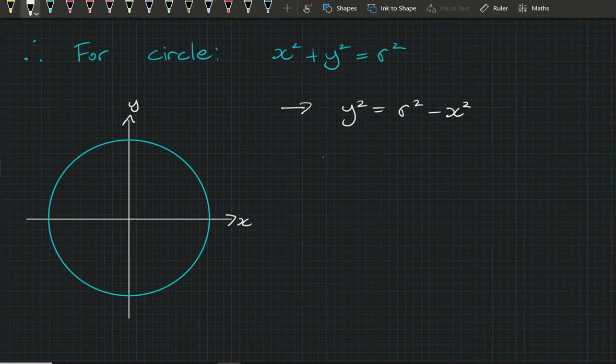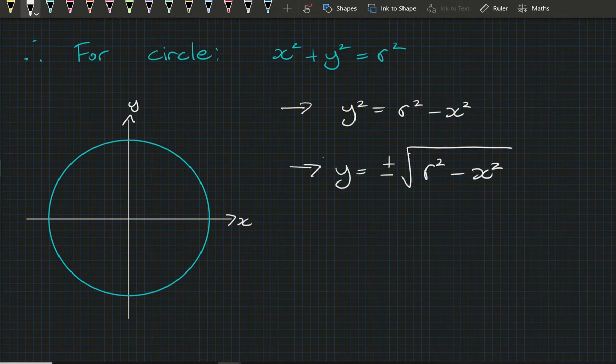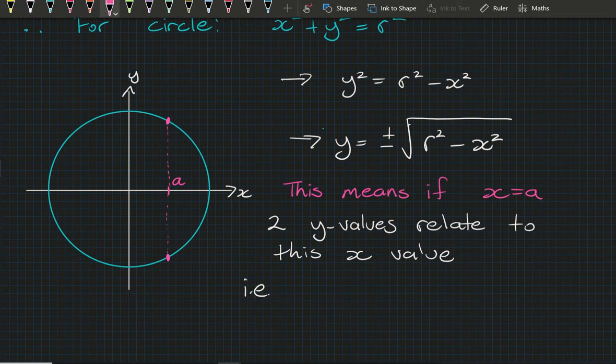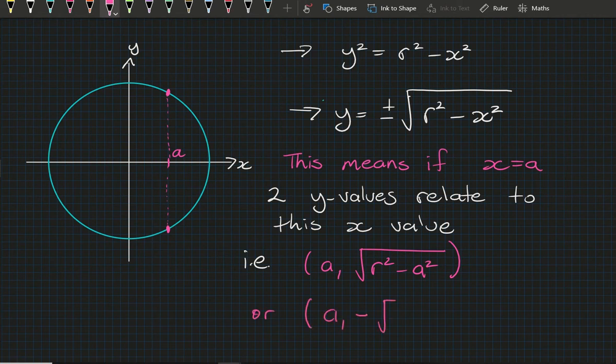Then when we take the square root of both sides, we're left with y equal to plus or minus the square root of r squared minus x squared. So this means that if x was equal to some number a, then two y values relate to this x value: x equal to a with y equal to the square root of r squared minus a squared, or x equal to a and y equal to minus the square root of r squared minus a squared.